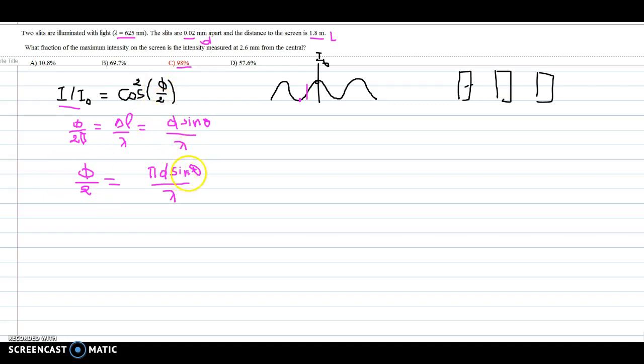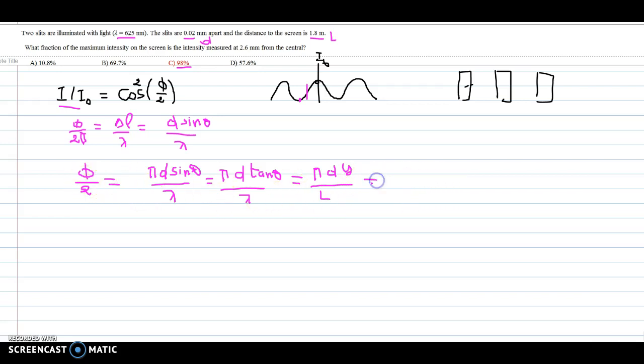Now we can switch to tangent for small angle to get y involved, so let's write pi d tangent. This is the small values approximation, over lambda. Now the tangent, if you remember from the experiment, is y over L. So this is basically pi d and then y over L. So this is now phi over 2 of y.